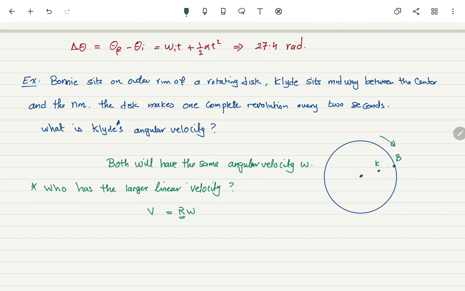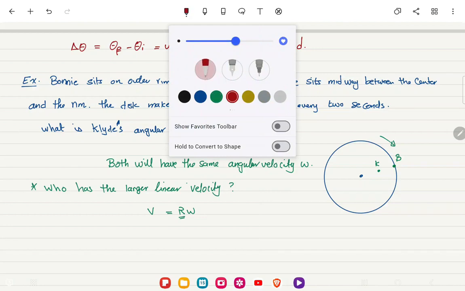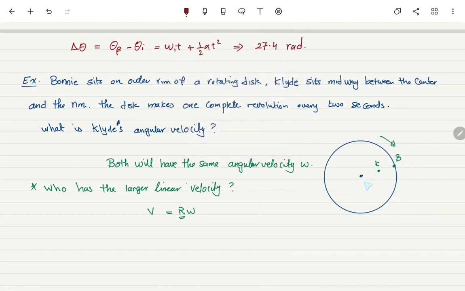Since Bonnie has a larger distance from the center, in this case here Bonnie will have larger linear speed because she is located further out on the disk. So to answer this one, Bonnie.